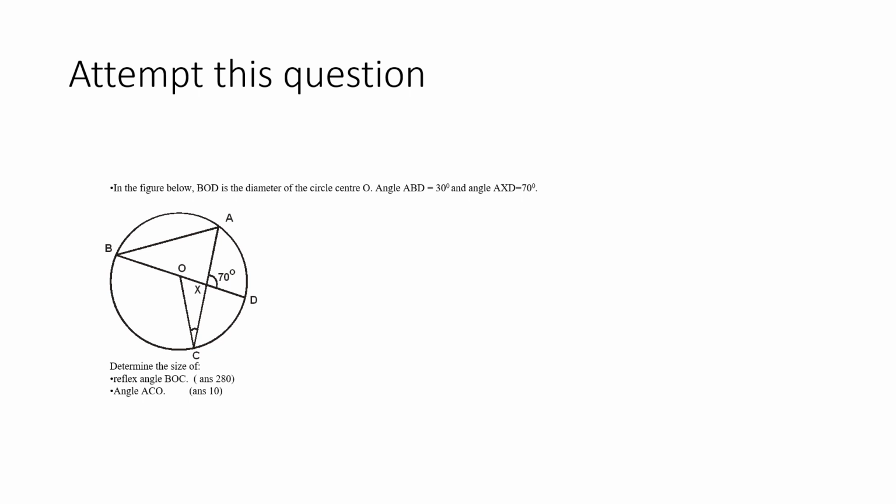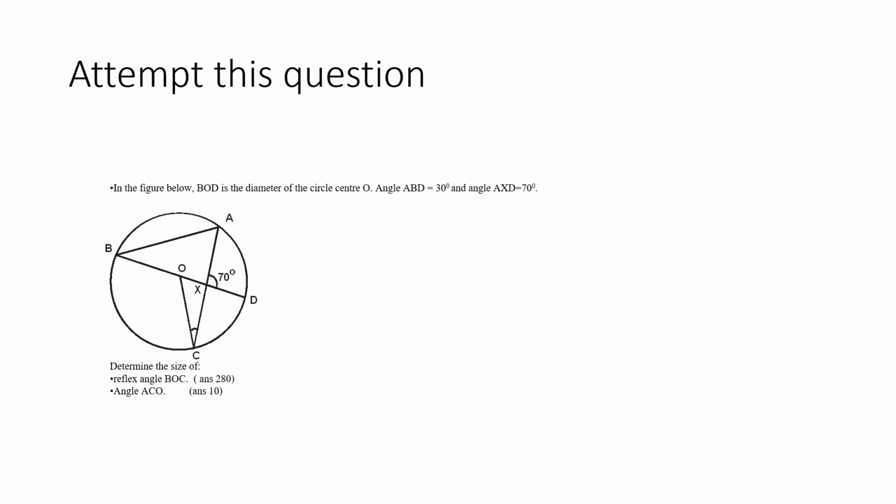In this figure, if you look at BOD, you are told it is the diameter. That means angle BAD is going to be 90, because a diameter subtends an angle of 90. You can draw a line joining A and D. You are also told that angle ABD is 30.